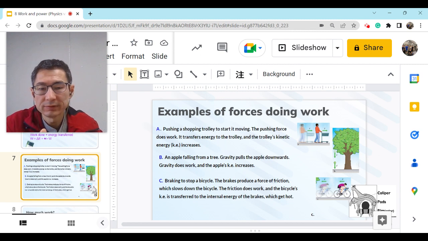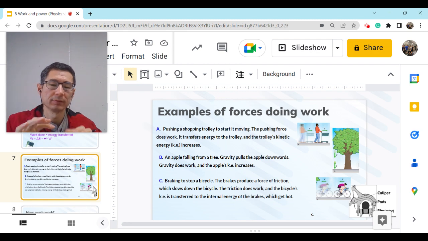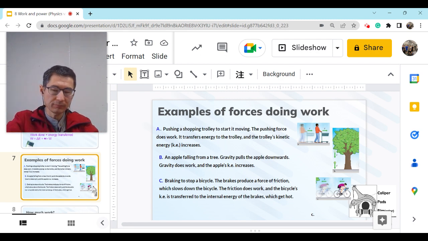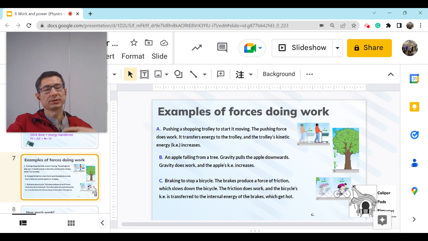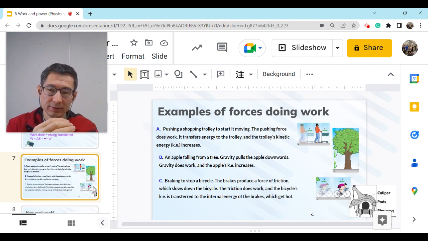At the same time, I'm transferring energy to the trolley, and its kinetic energy increases. It was zero at the beginning, stationary. Once I start pushing it, I'm transferring some of my energy to the trolley. If there's a transfer of energy, there's work done, calculated by F times the distance the trolley moved.